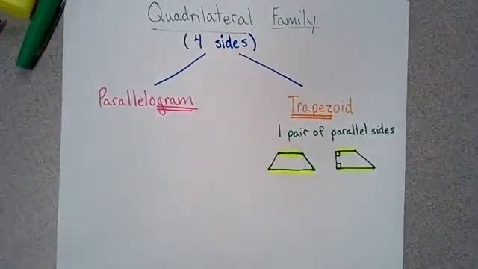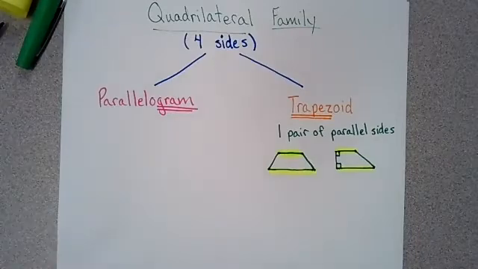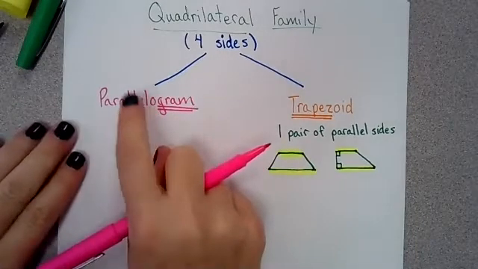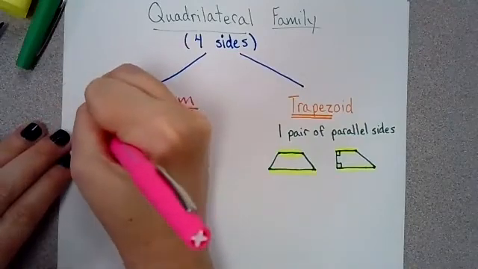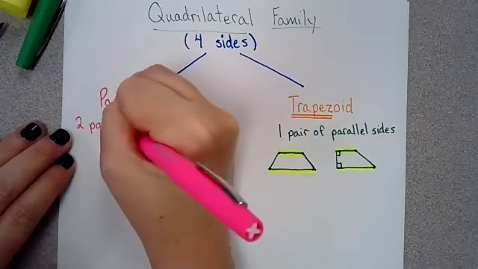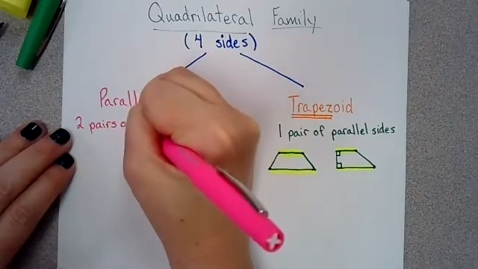Now, let's talk about old Graham over here. Graham, the rule if you are a parallelogram is that you have to have 2 pairs of parallel sides.